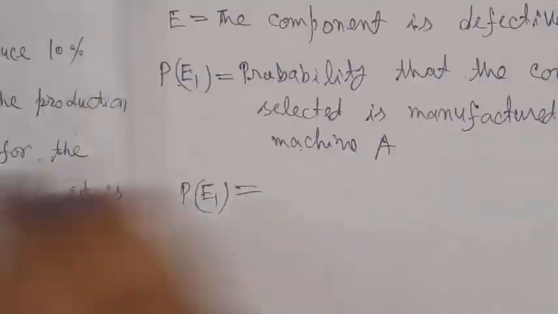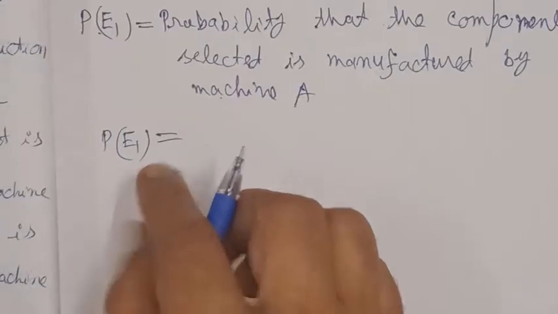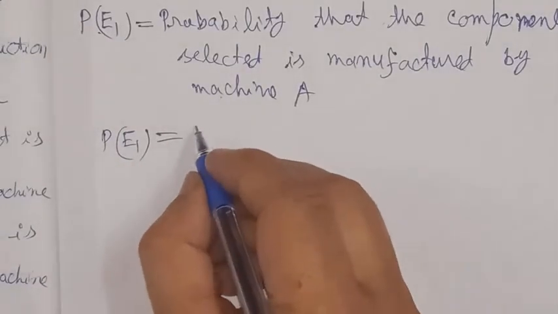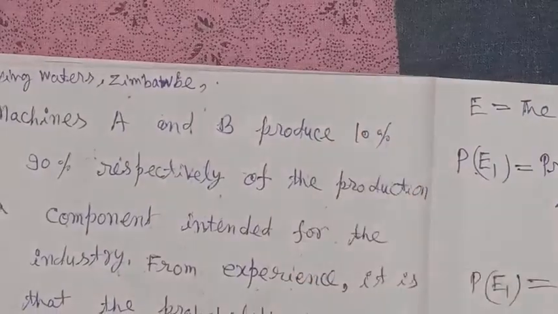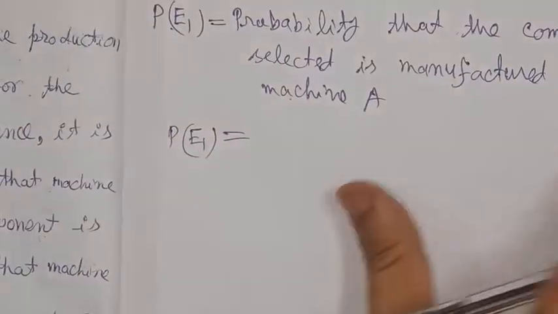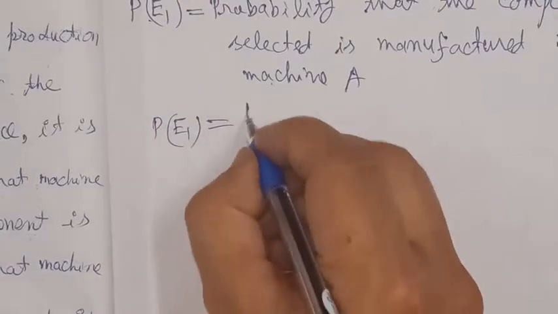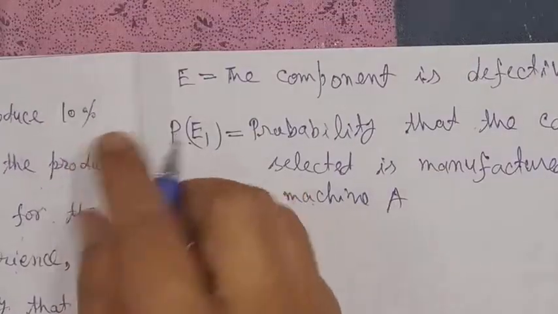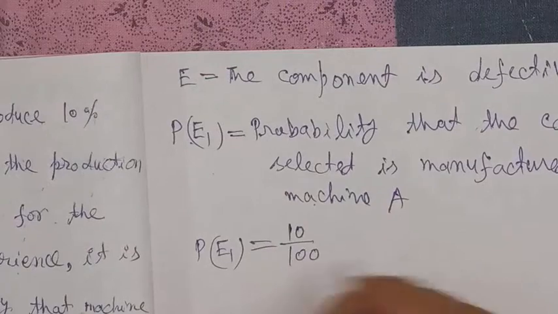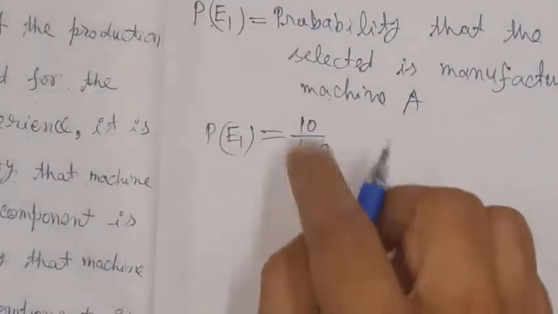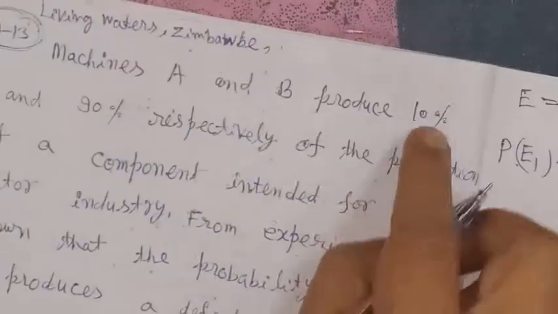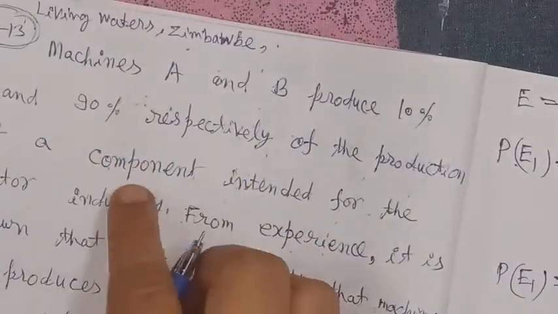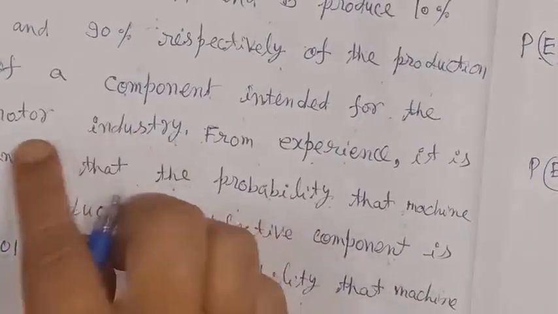So we find P1 here. This given value is in percentage. We convert it into probability because we find here P(E1). So we write 10% as 10/100, which is the probability notation representation of 10% production for machine A, from total production of motor industry.